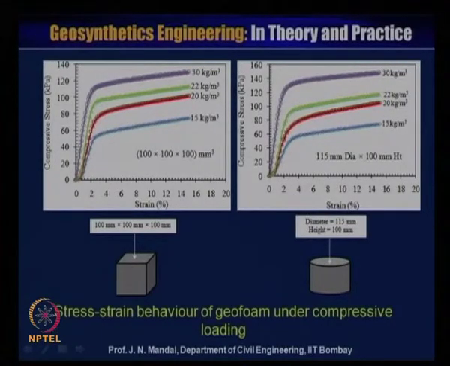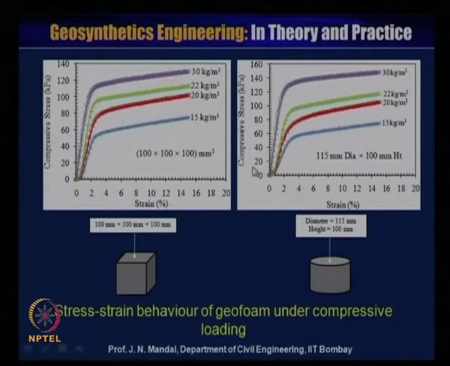There may be a slight difference in the values of the compressive strength. Also, it has been observed that after crossing a very small strain value, maybe 2 to 3% strain, the stress just keeps increasing like this.